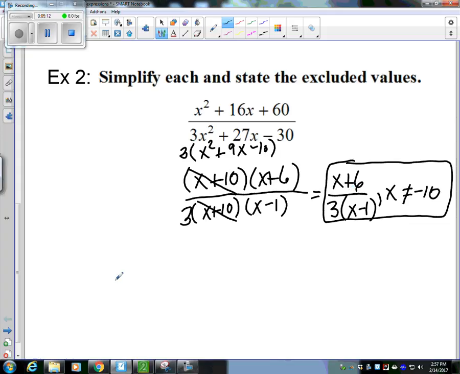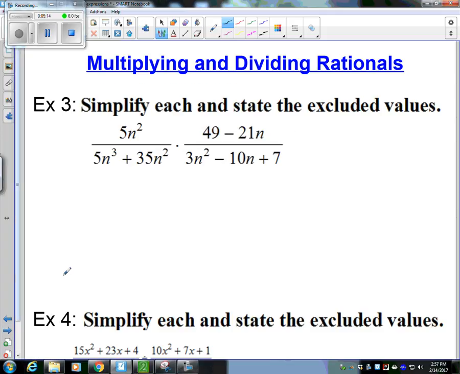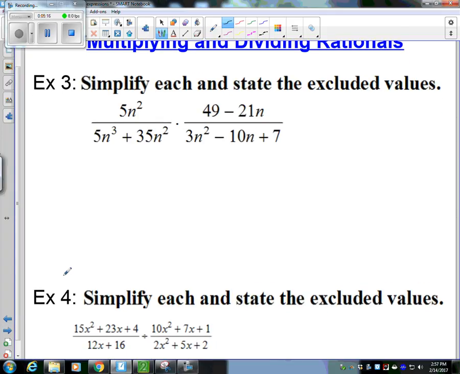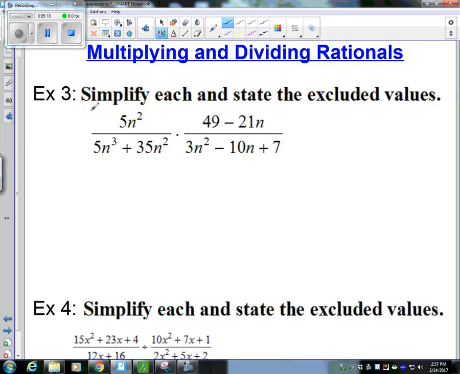Moving on, multiplying and dividing. We're going to have one example of each. Multiplying is very, very similar to what we just did with simplifying before, except now we have two fractions. So it's just twice as much factoring, but still it's all just factoring. So we have 5n squared, nothing to factor there.